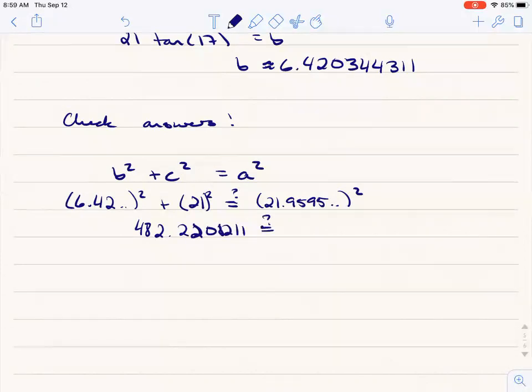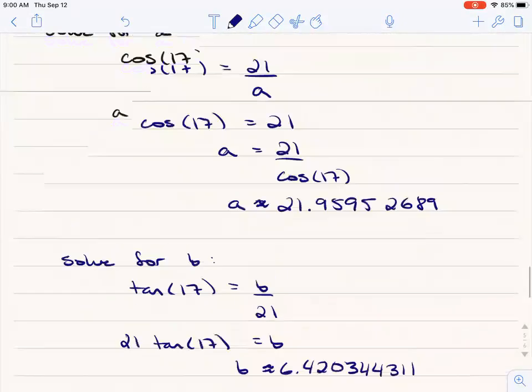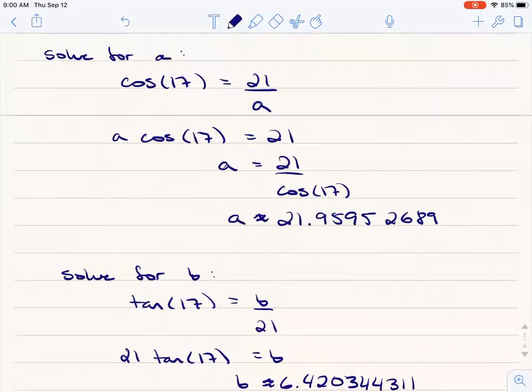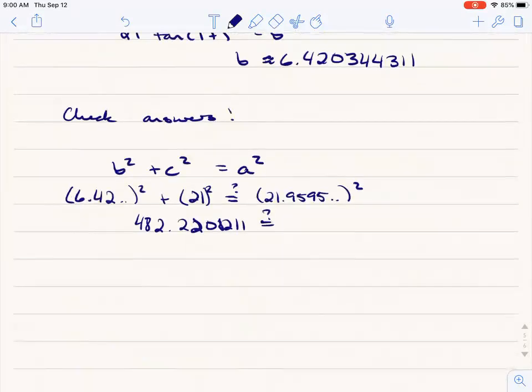Is it equal to 21.95952689 squared? Phew. 482.2208212.